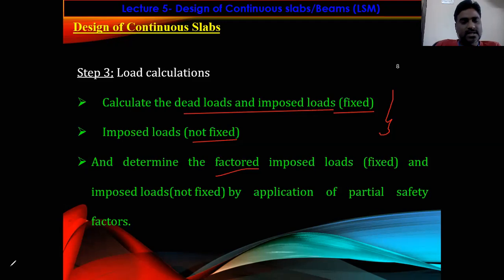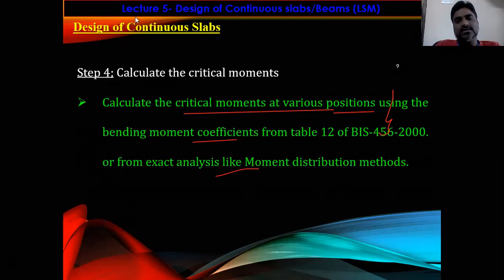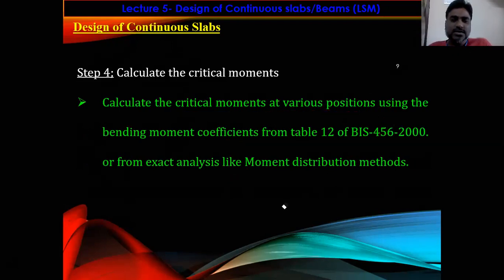Next, after determining this, you need to determine the bending moments and shear force. Generally the bending moments and shear forces for continuous slab can be determined by using the IS 456 2000 method, because this method is very quick as compared to other methods.